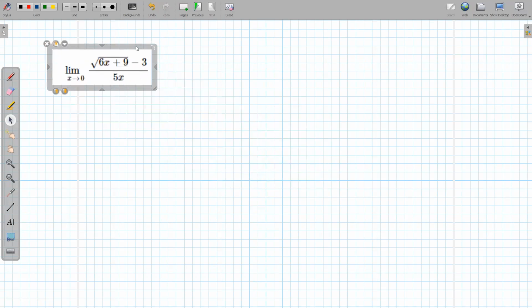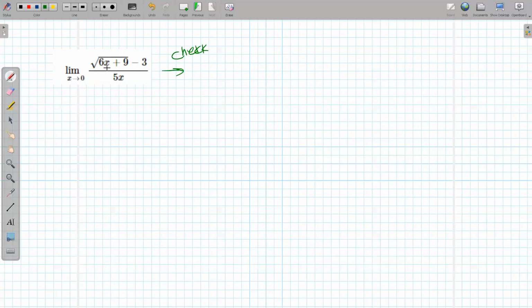So we want to find that limit, and if we try to apply the limit laws, saying let's take the limit of the top and the limit of the bottom and the limit inside the root, those work only on certain conditions. And so if we check the limit laws here and we plug in 0, we're going to get the square root of 9 minus 3 over 0, which is 0 over 0, which is indeterminate.